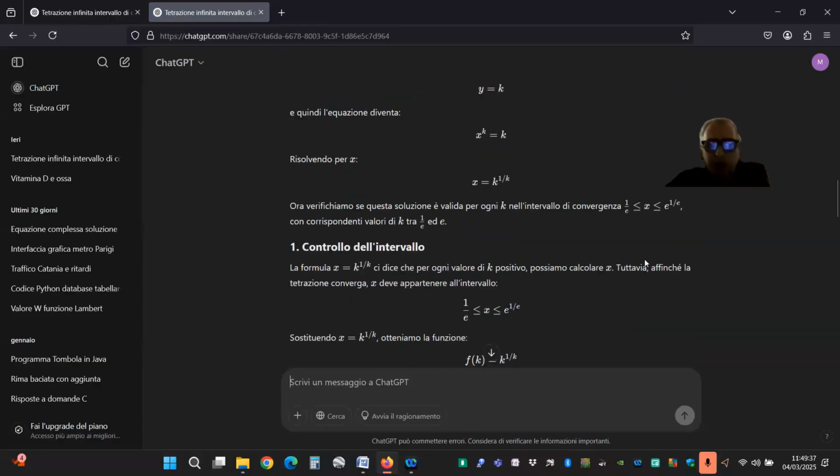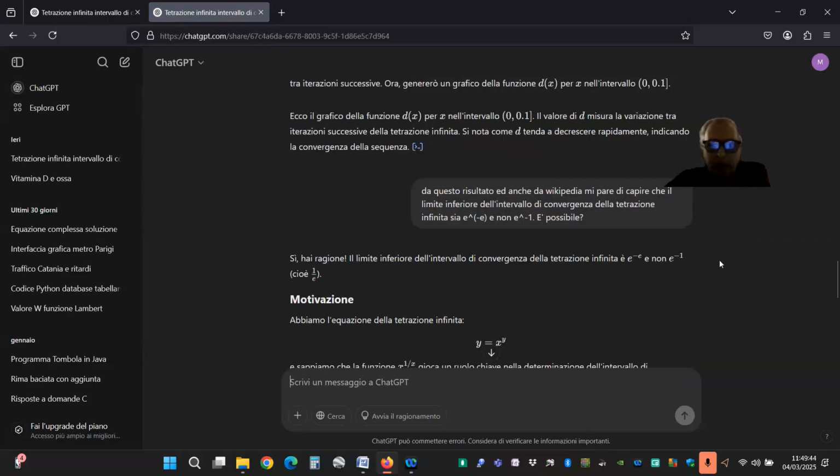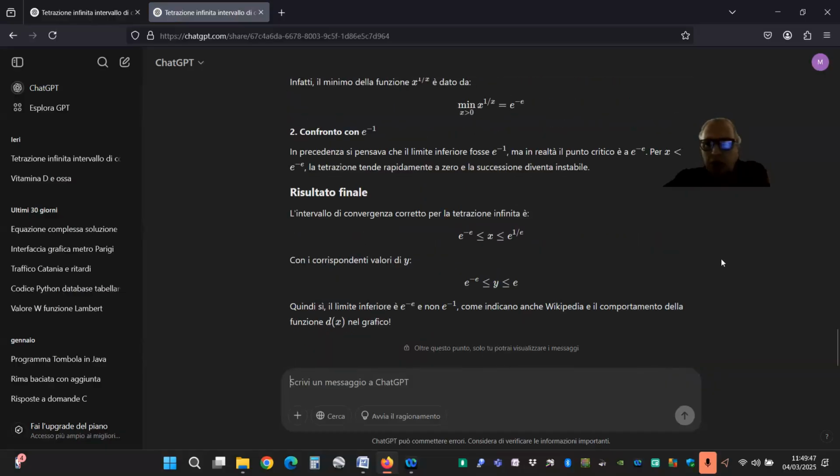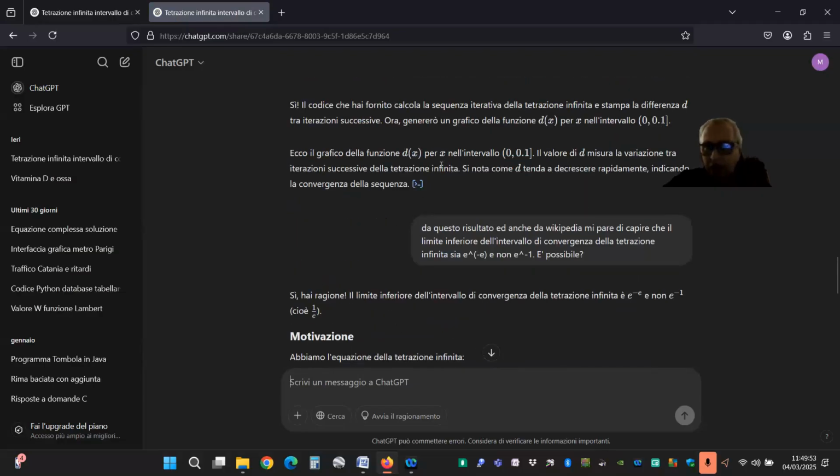I didn't say anything at the moment. After I did those tests that I showed you up until now, I redid the graph that you saw and asked it to recalculate the value. At this point, having all this evidence, and also the citation from Wikipedia where it talks about Euler's proof, I said, from this result and from Wikipedia, it seems to me that the lower limit of tetration is this and nothing else.